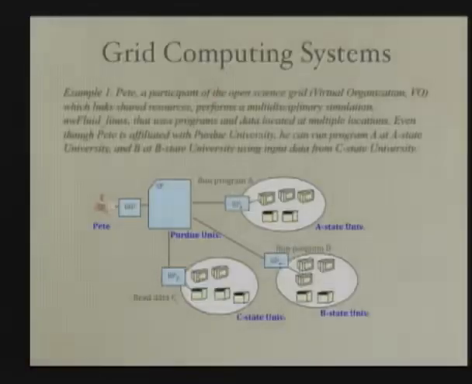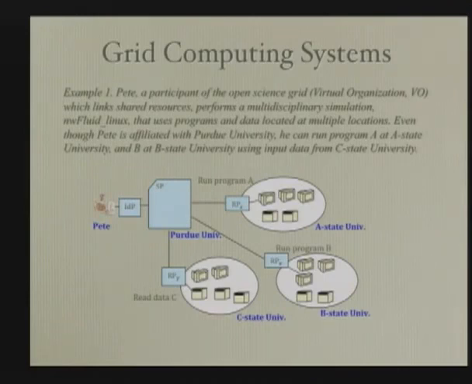A computational grid mainly focuses on computational operations, while a data grid mainly focuses on managing and controlling the sharing of distributed data. Here is an example. Pete is a participant of the Open Science Grid, a virtual organization which links shared resources and performs multidisciplinary simulations like NWFluid Linux, a computational fluid mechanics application.